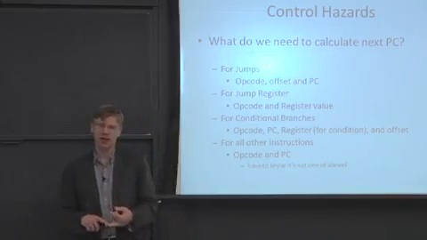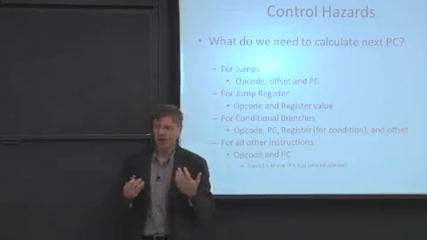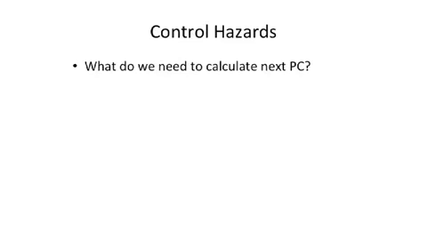So let's start off by looking at jumps. If we look at a jump, you need to look at the opcode to make sure that it's actually a jump. You also need to look at the offset within the instruction. And you need to look at the current program counter. You take that all together, and the decode pipe stage of your processor says, OK, it's a jump.